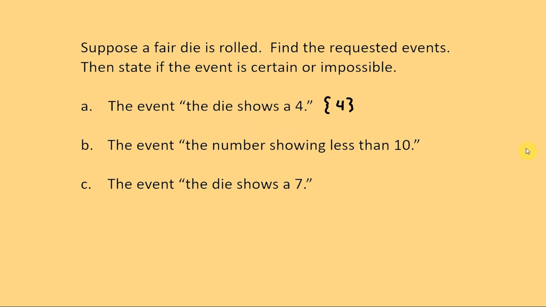The event, the number showing less than 10. So this is on a die, and remember, we're assuming this is a 6-sided die, so we know that the numbers that are less than 10 are all the numbers on the die, which are 1, 2, 3, 4, 5, and 6.